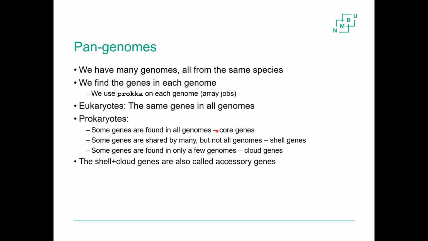Because the core genes are something that the genomes must have, but the others are something that they can have, but they don't really have to have them. And as you know, prokaryotes share genes across cells, horizontal transfer, as we call it. That's the reason for this happening.